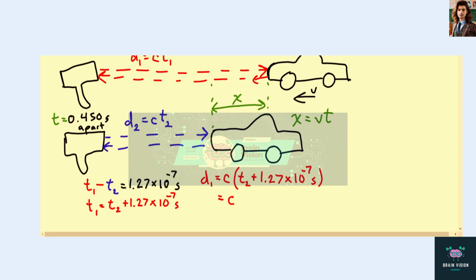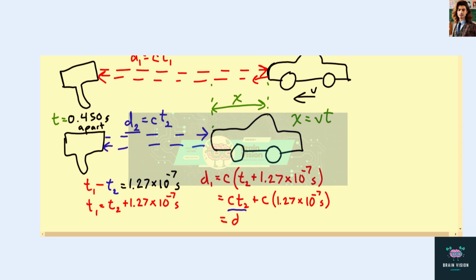And then we just distribute that c times 1.27 times 10 to the minus 7 seconds. And what we'll see here is that this term, c times t2, is the same as d2 over here. So I'll just substitute that into the equation now.